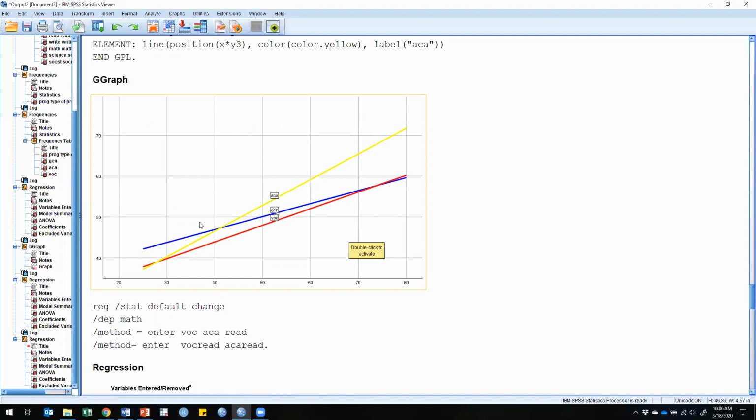And here, this is an indication of a violation of that assumption. The influence of reading on math achievement is stronger for those in the academic track than it is in the general or vocational track. So that's a connection between analysis of covariance and regression analysis.